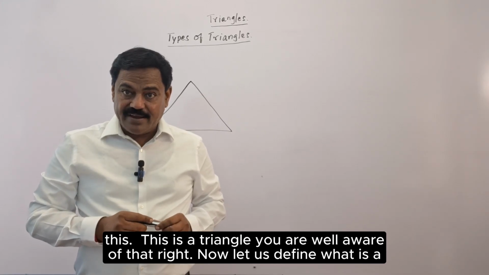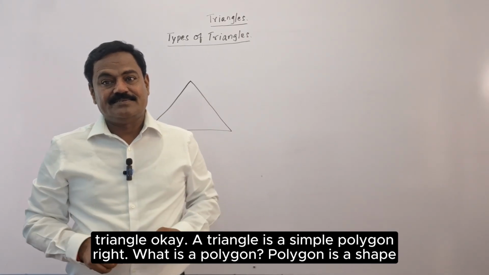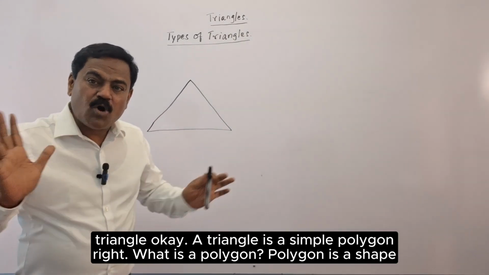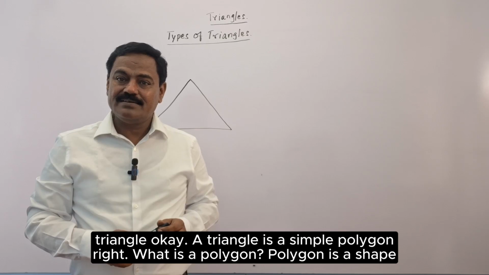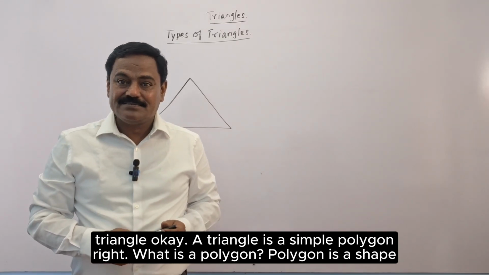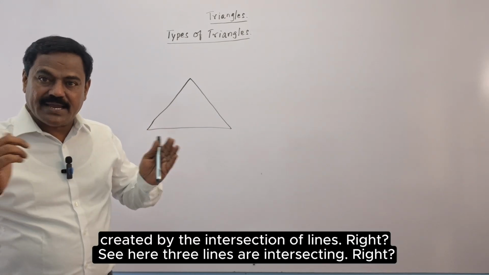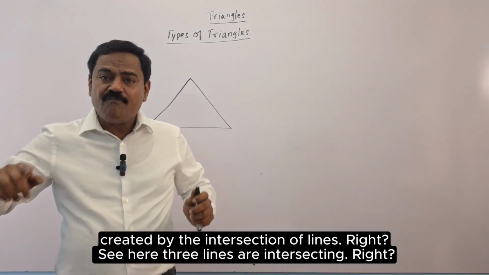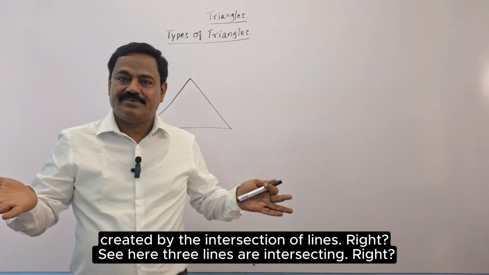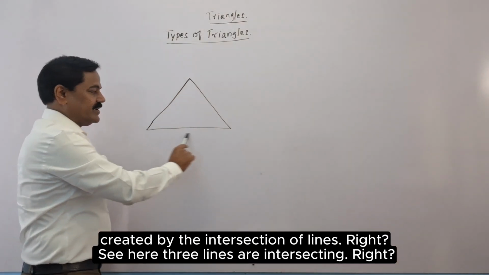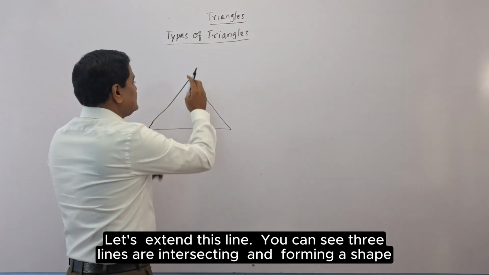Now, let's define what a triangle is. A triangle is a simple polygon. What is a polygon? A polygon is a shape created by the intersection of lines. See, here three lines are intersecting. Let's extend this line.